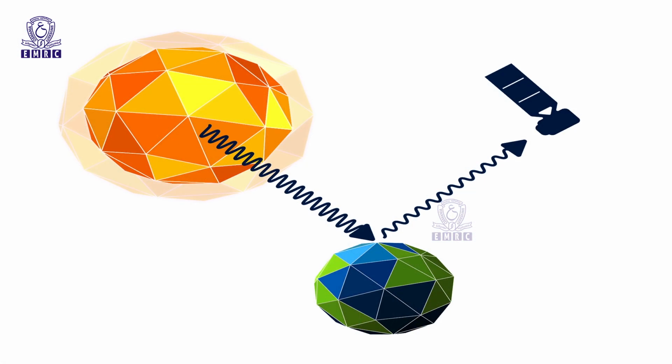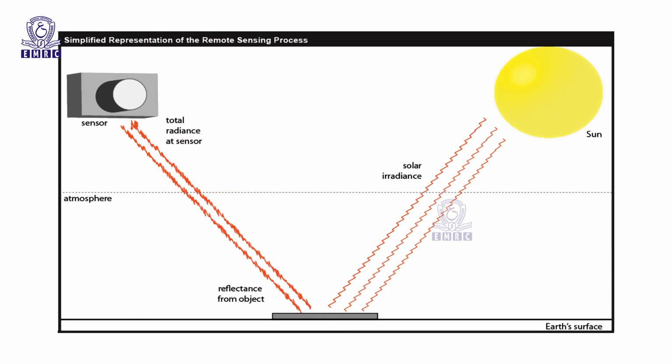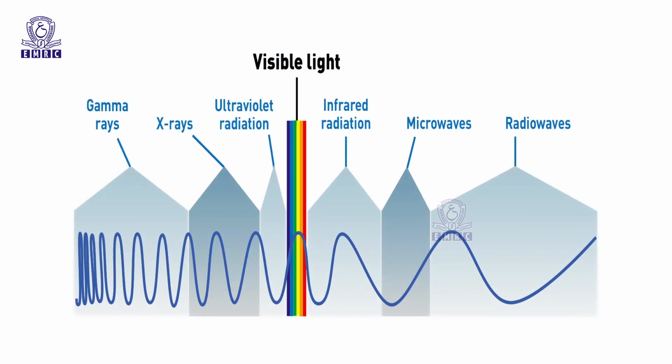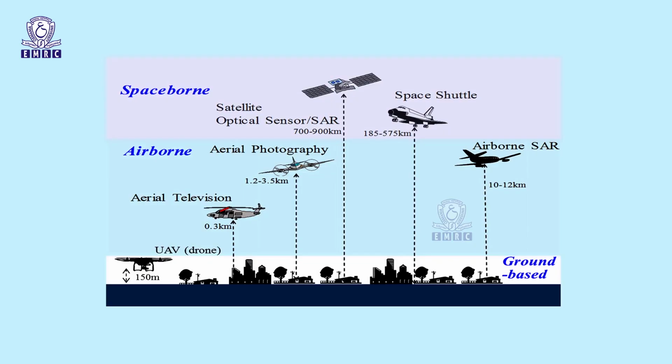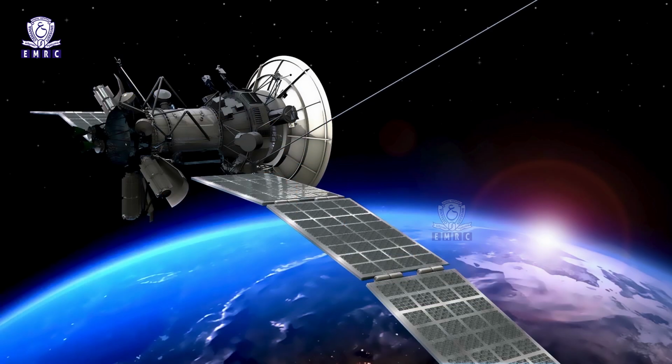We know that solar radiation is the main source of electromagnetic radiation and it is a combination of several wavelengths such as gamma rays, X-rays, visible, infrared, thermal and microwaves. The first issue to be considered in selecting the sensor is the scale. Terrestrial and airborne sensors have high spatial resolution, but sensors on satellites have relatively coarser spatial resolution.